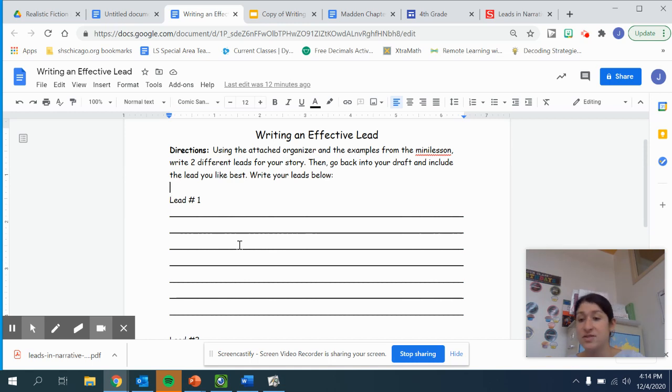How can we use our mentor text to help us? Feel free to go back and use even the first page, the first chapter, in Number the Stars and see what our author did to help you. I look forward to seeing all of the great leads that you come up with and how you're going to hook your readers today. All right, writers, off you go.